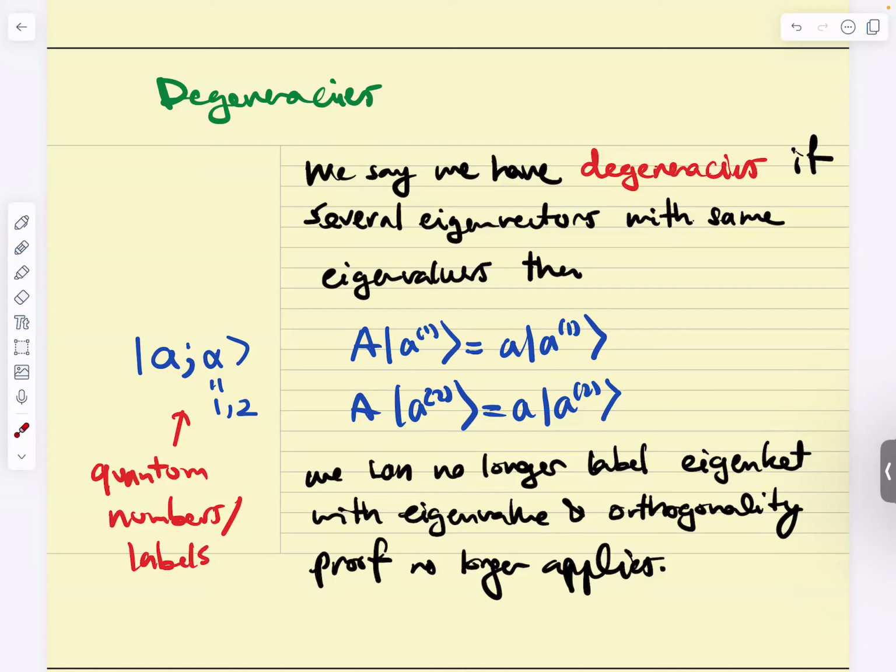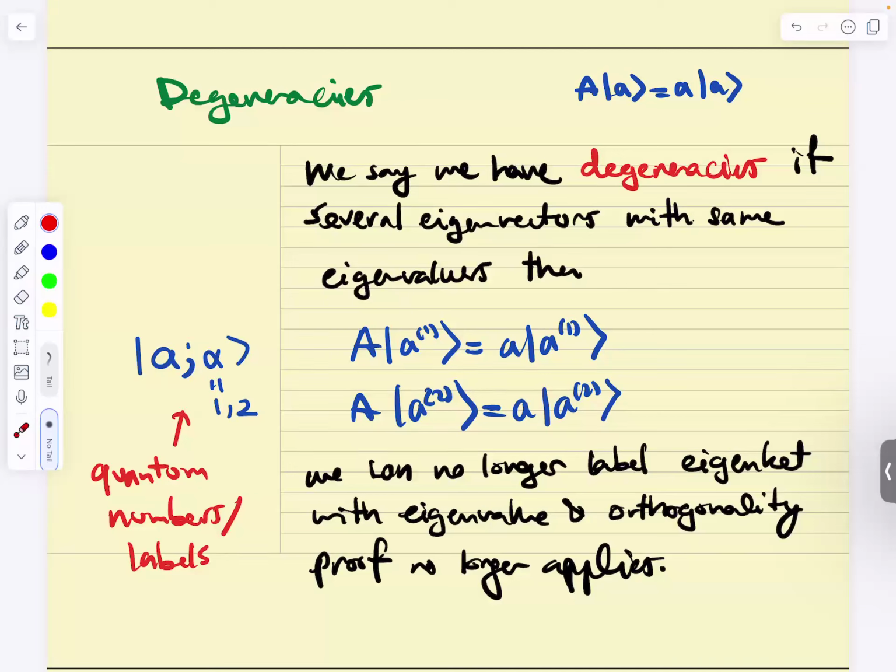This is where our notation gets a little bit problematic, right? Because we're writing this equation, right? Now, what I'm saying is that it is possible for two eigenvectors to have the same eigenvalue when the eigenvectors are different.